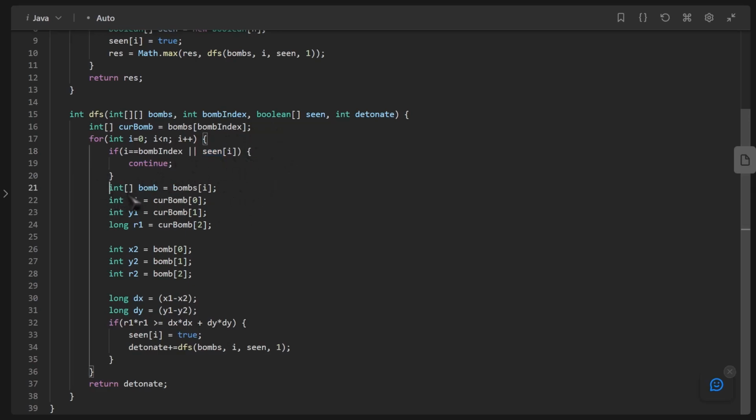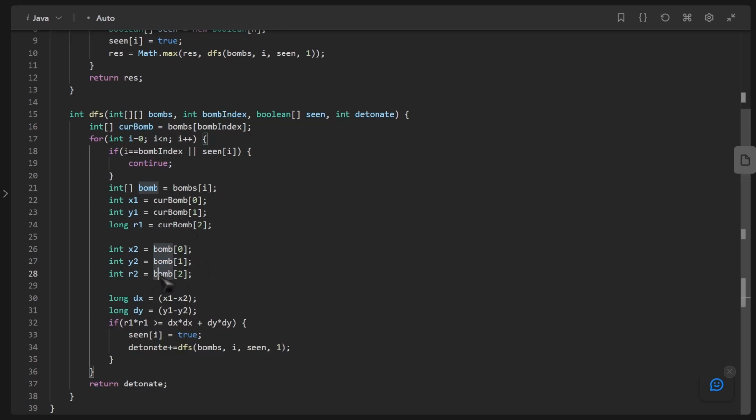If none of these conditions are met, we store x1, the center x coordinate, center y coordinate, and the radius of our current bomb, and the same for the other bomb we want to consider.